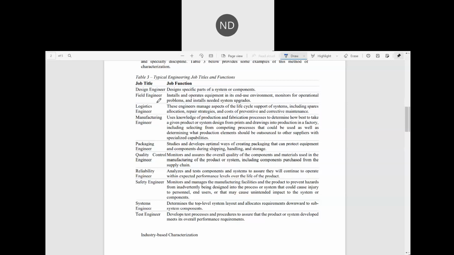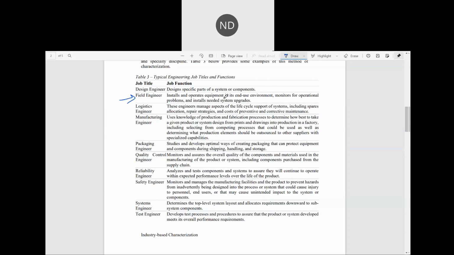What is the work of the field engineer? They install and operate equipment in its end-use environment, monitor for operational problems, and install needed system upgrades.